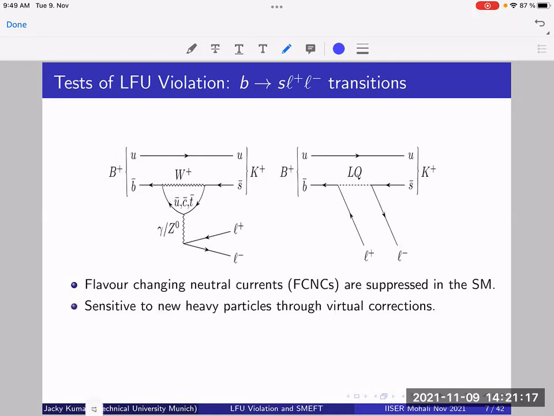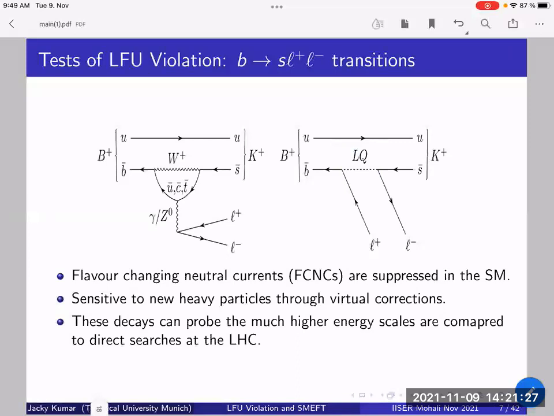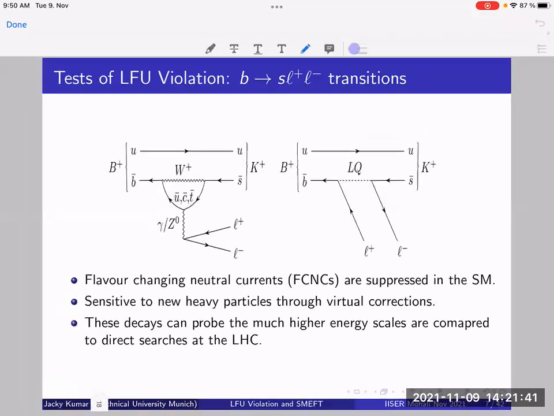These are sensitive to heavy particles, as I said in this demonstration. They can be sensitive to leptoquarks, for example. And the most important thing is that through this kind of decays you can probe much higher energy scales.